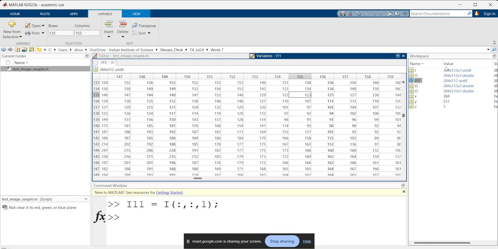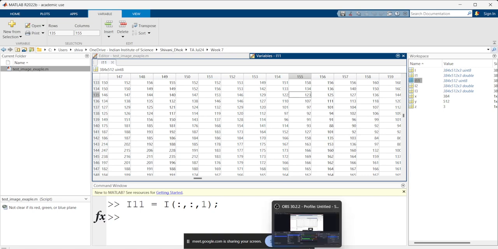So if I have a 384 cross 512 dimensional RGB image, it will have three planes, each corresponding to red, green and blue, and each entry in these matrices is represented using 8 bits.